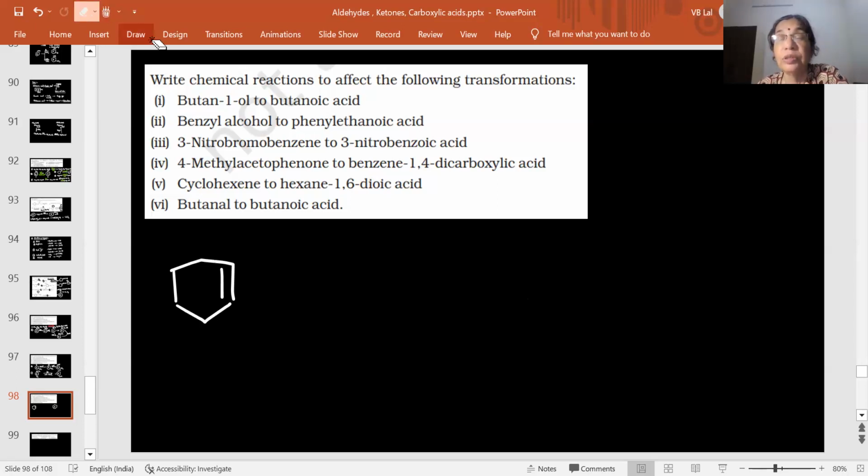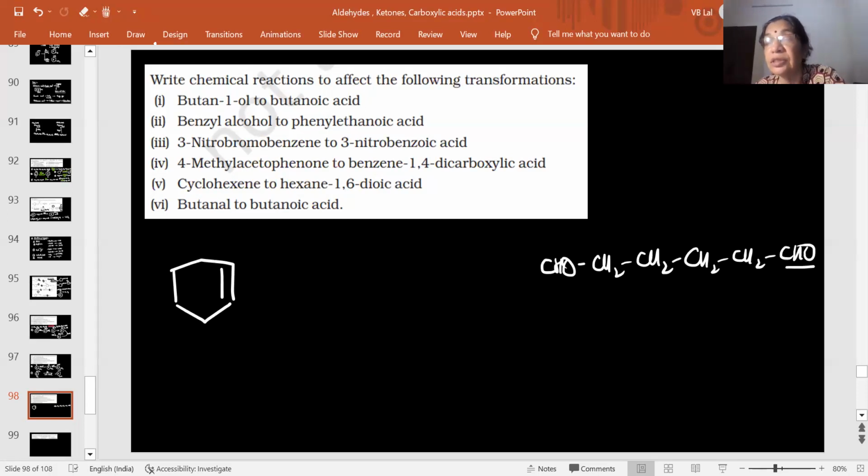Now it has become an open chain compound, with two CHO groups. And I have to prepare it from this cyclic compound cyclohexene.